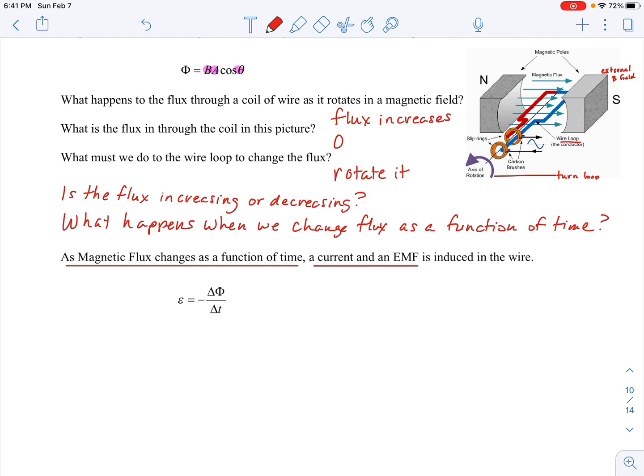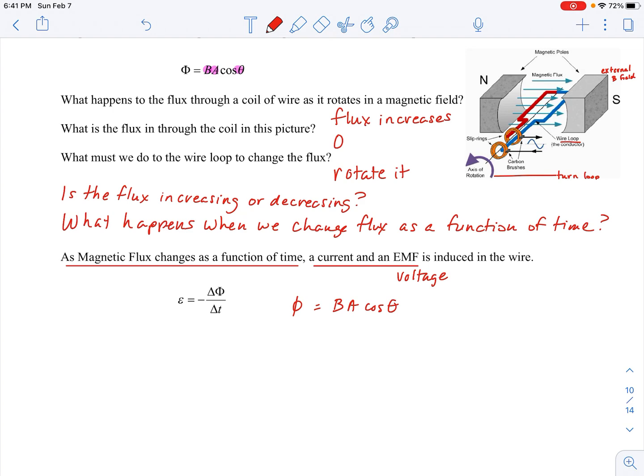We induce a current and an EMF, which is another word for voltage. So in this formula, EMF or voltage equals the opposite of the change in flux over the change in time. Remember that flux is BA cosine theta.